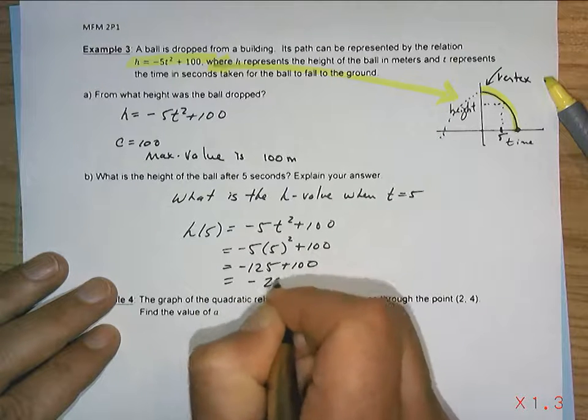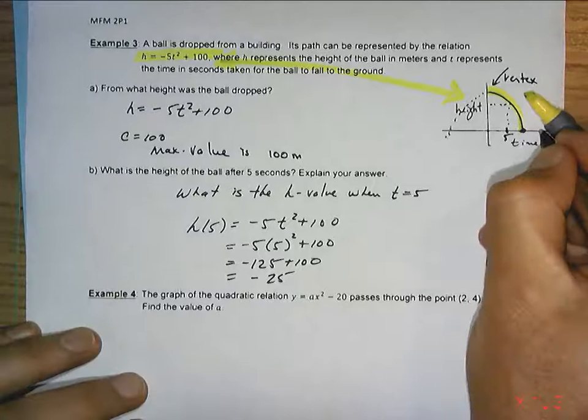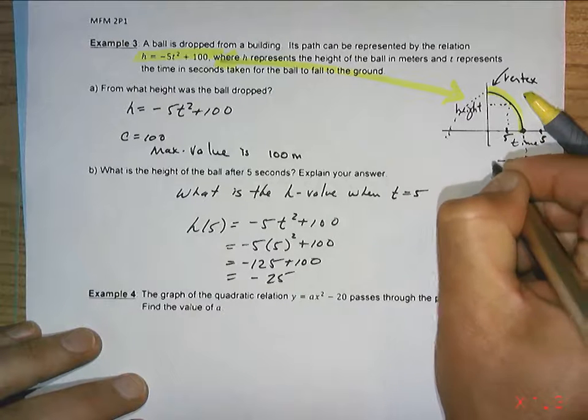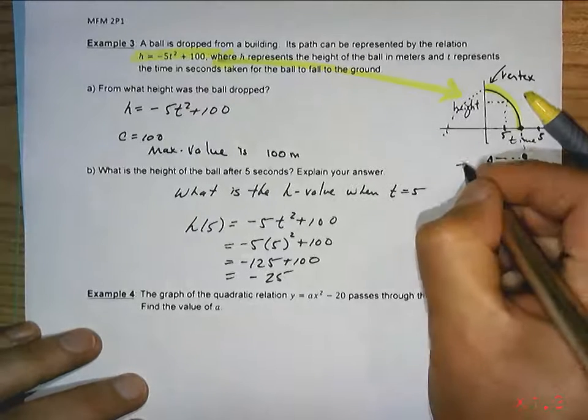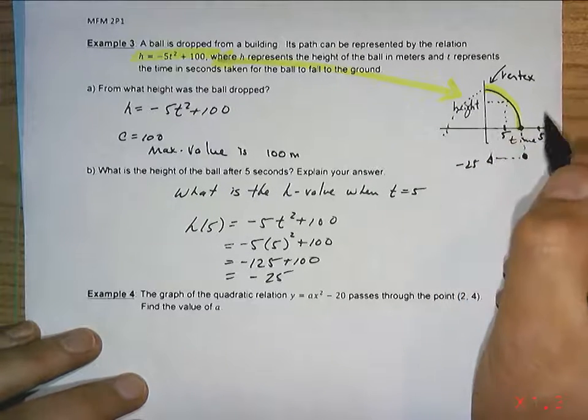So what is the height of the ball after 5 seconds? Well, after 5 seconds must have been out here, because the ball, according to the math that we did, is supposed to be 25 meters below the x-axis, and the x-axis is ground level.